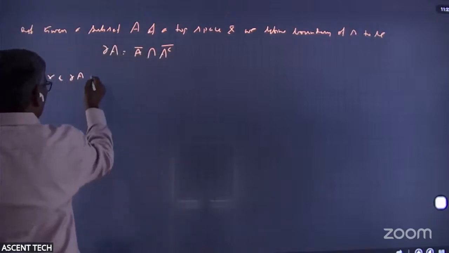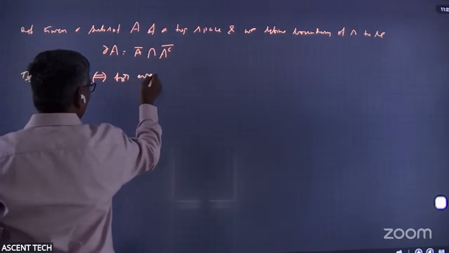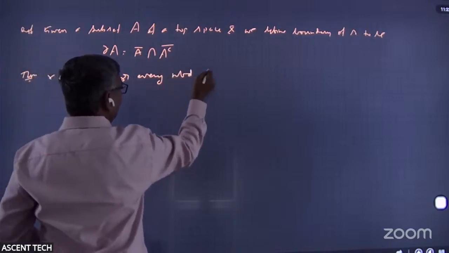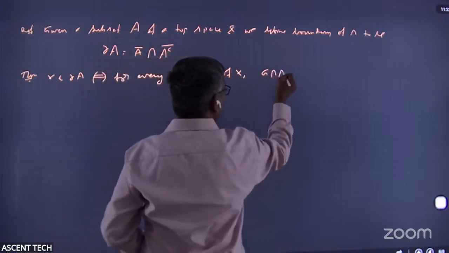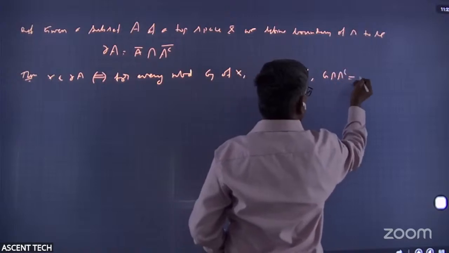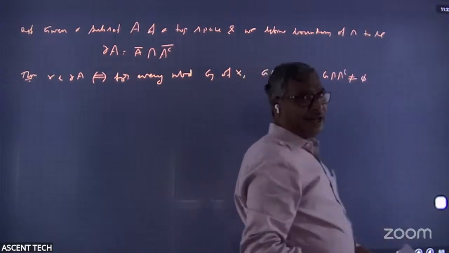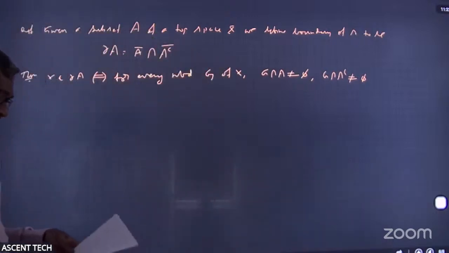So X belongs to the boundary of A if and only if for every neighborhood G of X, both G intersection A is non-empty and G intersection A complement is also non-empty. That's what it means to be on the boundary. I think it makes sense that the definition of the boundary is all very nice here, right?